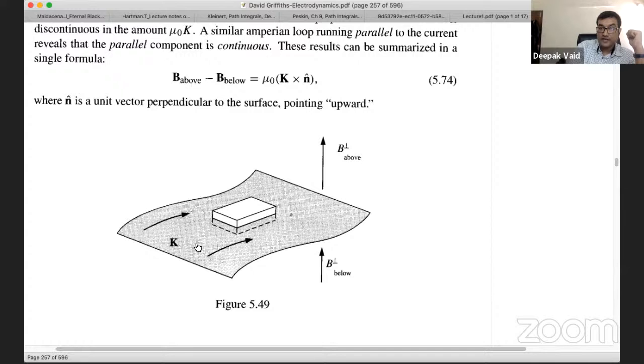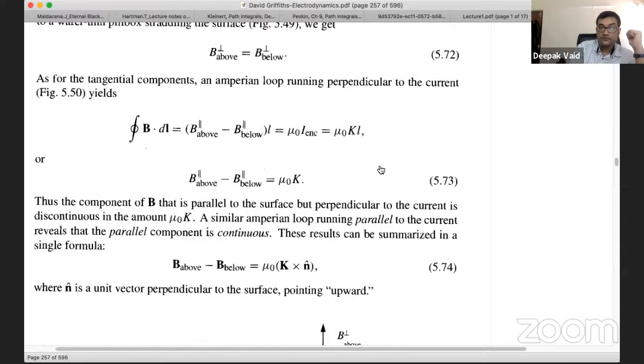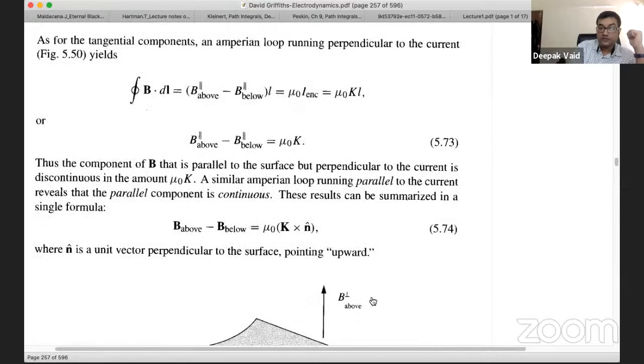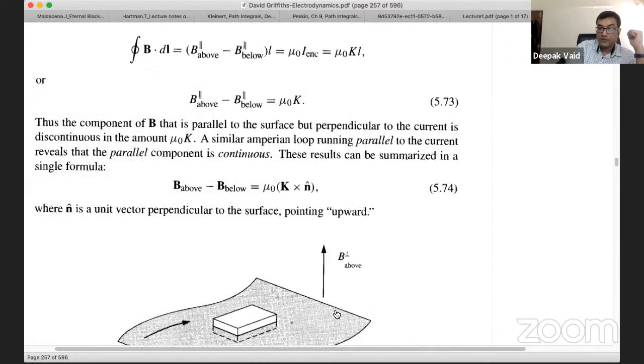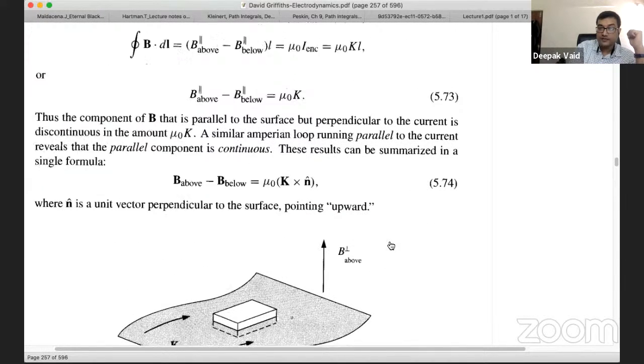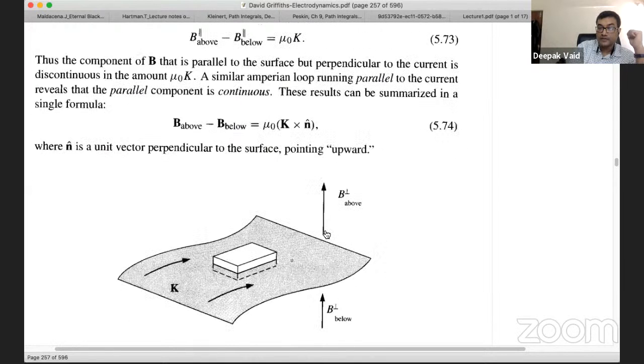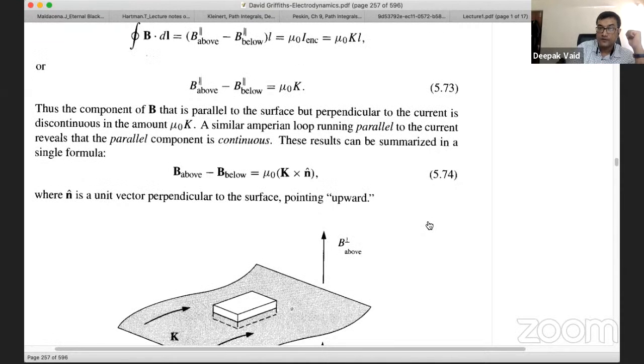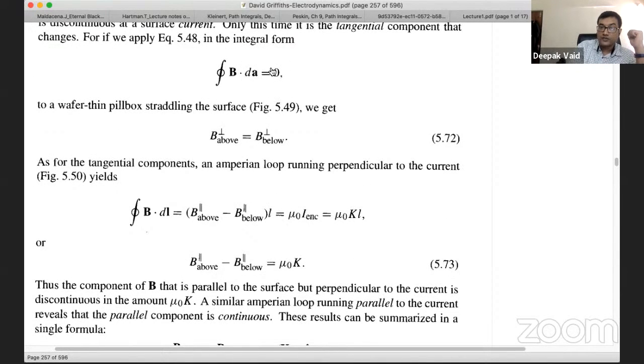The flux of the magnetic field through the surface will be equal to the above component times the area minus the below component times the area, the perpendicular component above minus the perpendicular component below. So this quantity on the left is equal to 0 on the right-hand side.